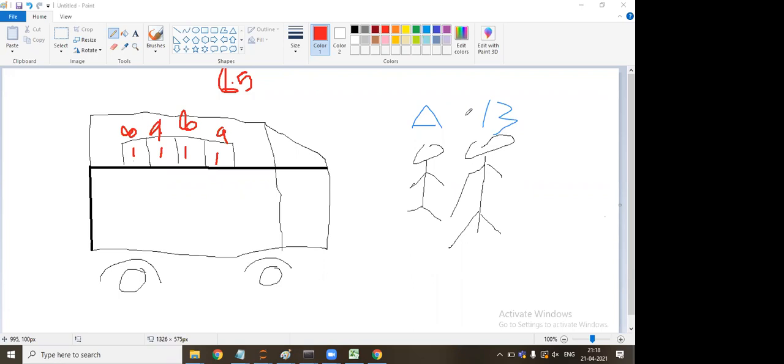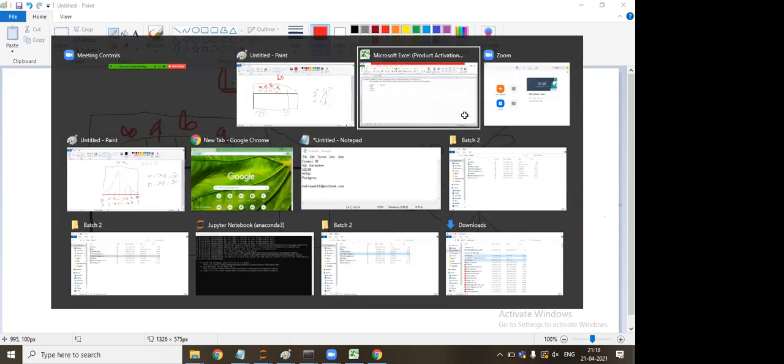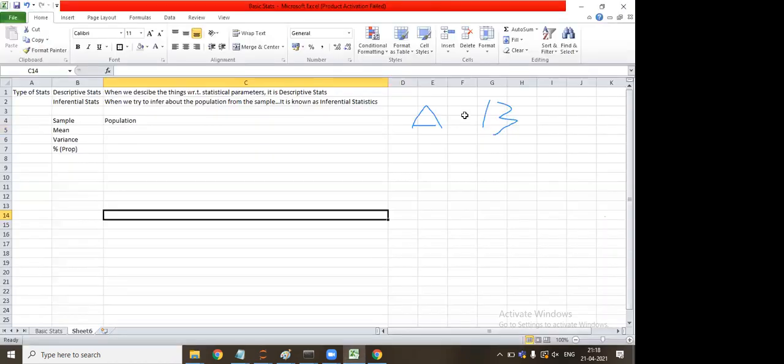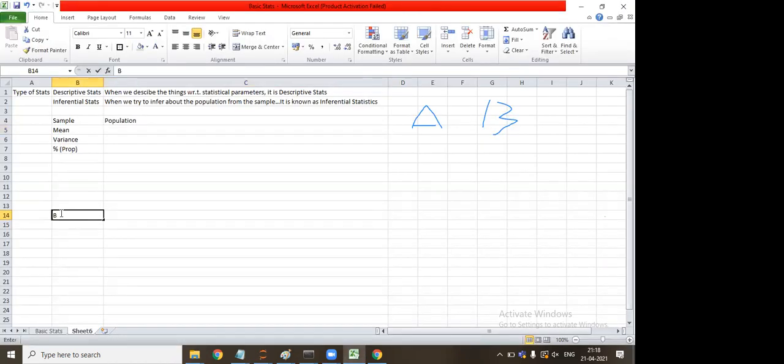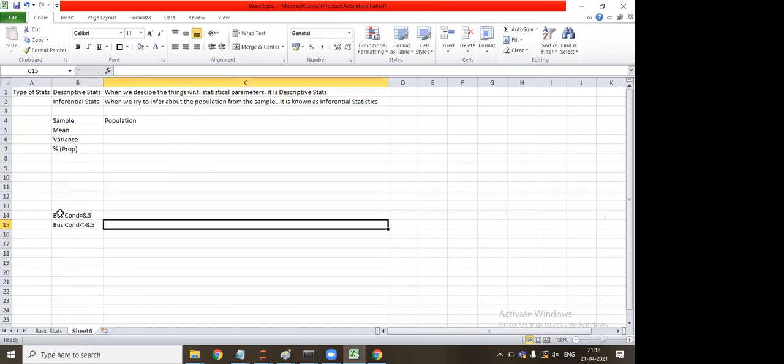So now let me put these 2 conditions here. First condition is the bus condition is equal to 8.5, and the bus condition is not equal to 8.5. Is it fine?